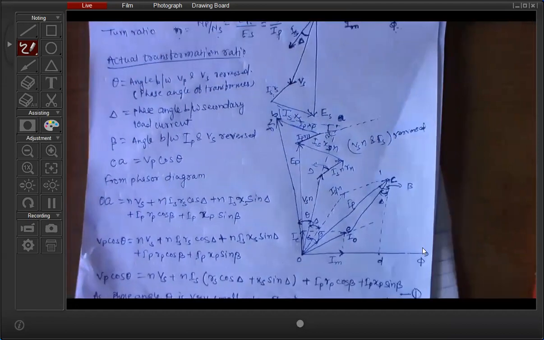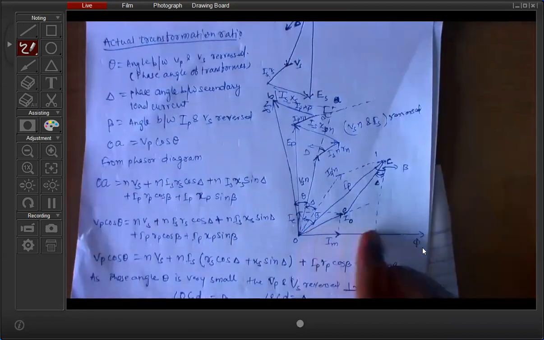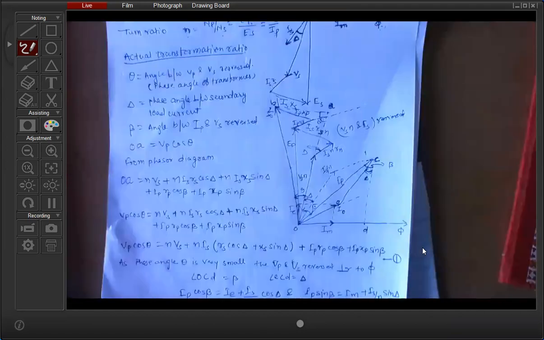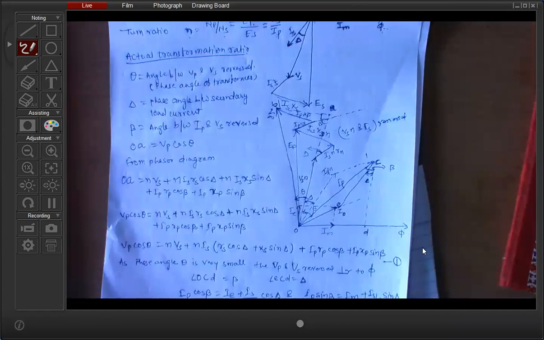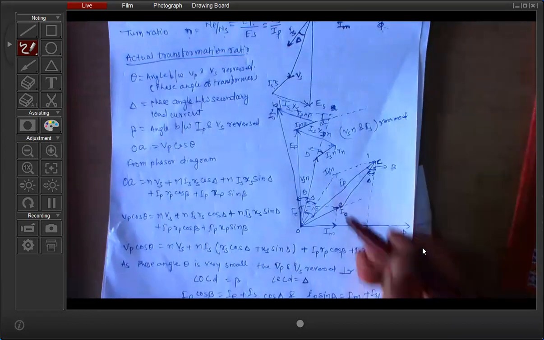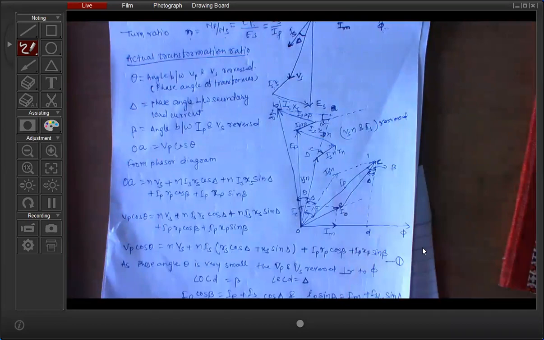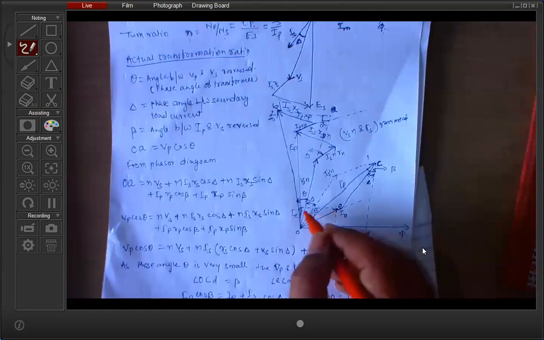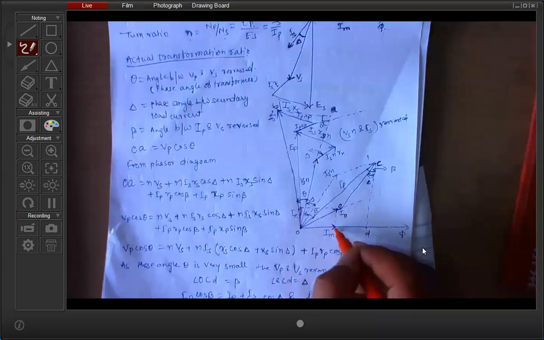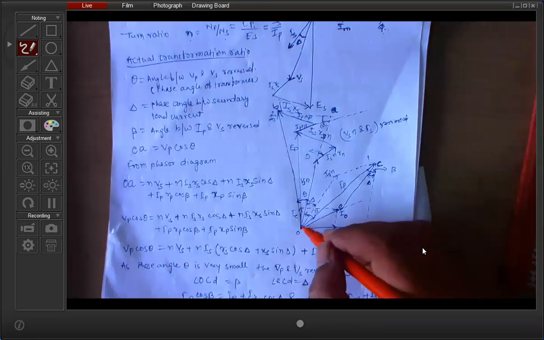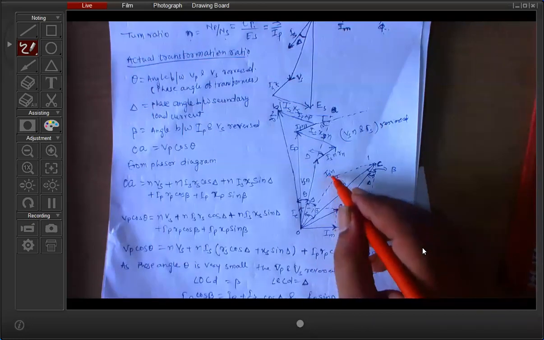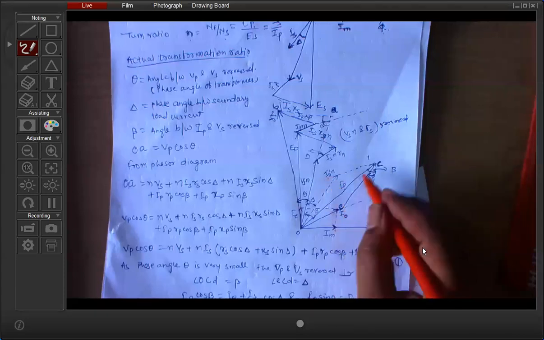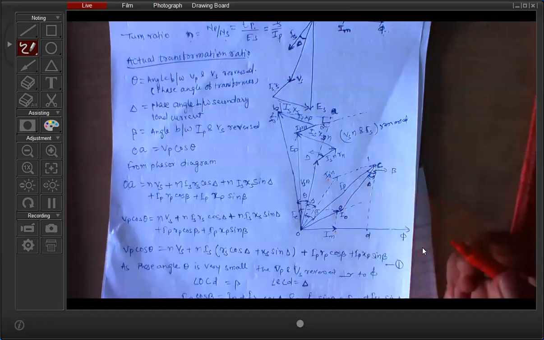So if you rearrange the phasor diagram of potential transformer, again this is the phi, and this part is the no load component, that is Ie, I naught, Im, and this portion is called Is by N, and the phasor sum of Is by N and I naught is equal to the primary winding current.